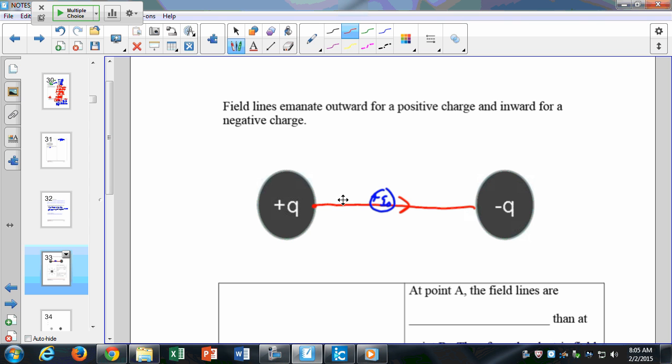Similarly, if I draw a field line here, it's going to look like this. If I were to put my positive test charge here, it would follow along this field line. In fact, do you remember the ping pong balls on the Van de Graaff generator? Did it work in this class? The ping pong balls, they all come out?